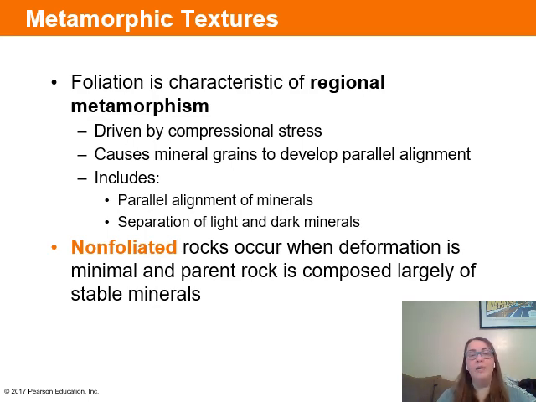But not all metamorphic rocks have foliation. Some rocks are non-foliated. This means that it's just very low-grade metamorphism that has happened. It's basically compacted the rocks, but it hasn't really changed them much chemically or physically.